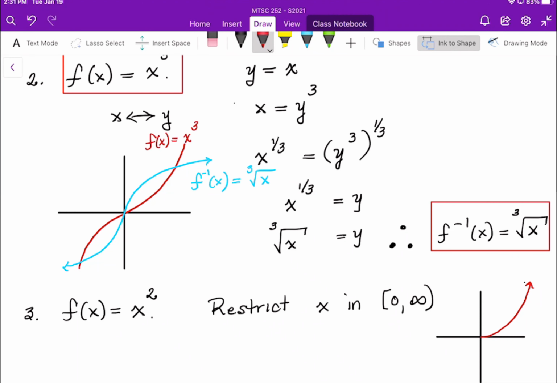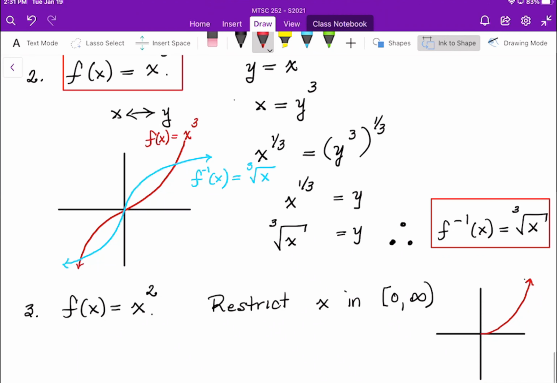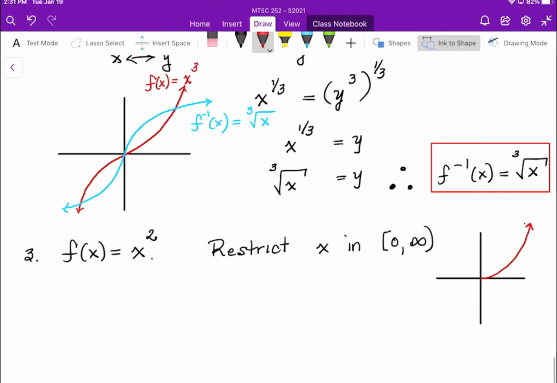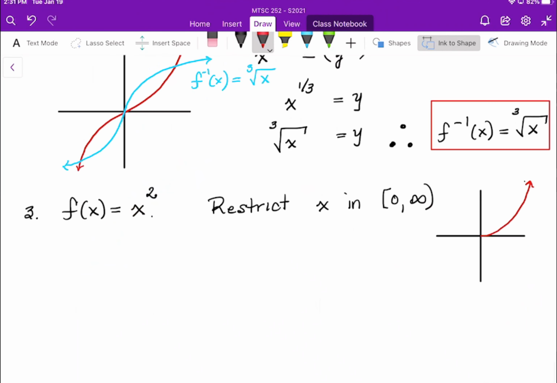Okay, so we see the function and then we see its inverse. All right, so now we're restricting this function x to be in the interval 0 to infinity.